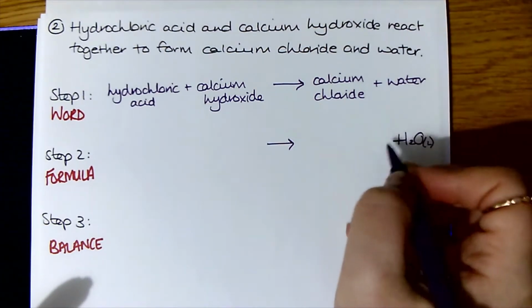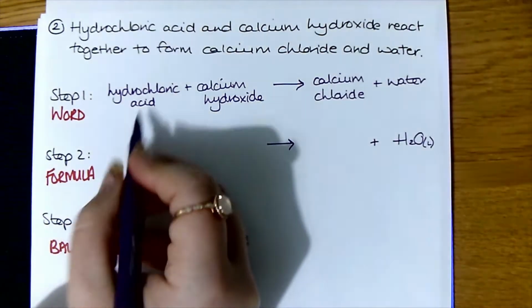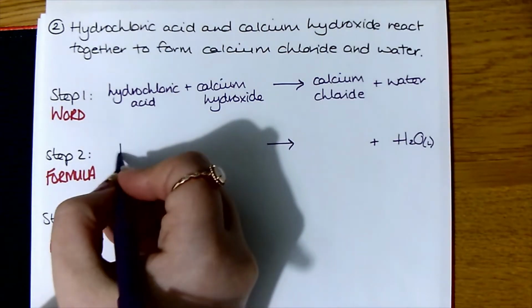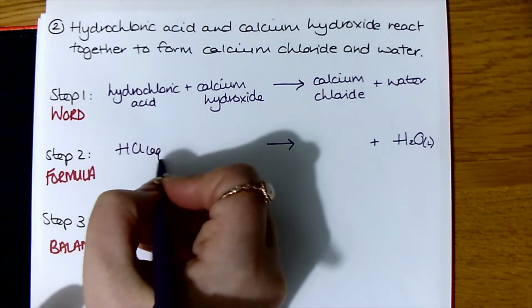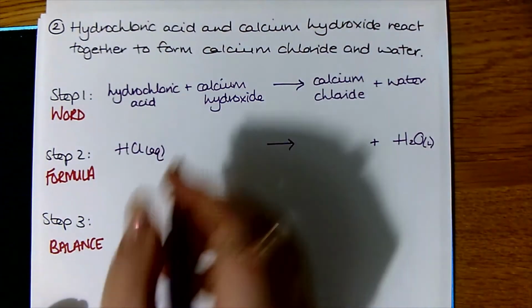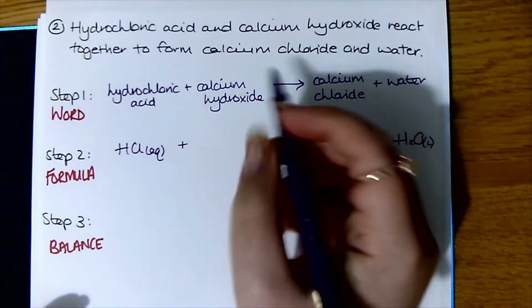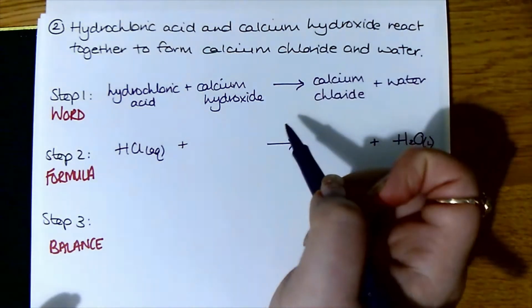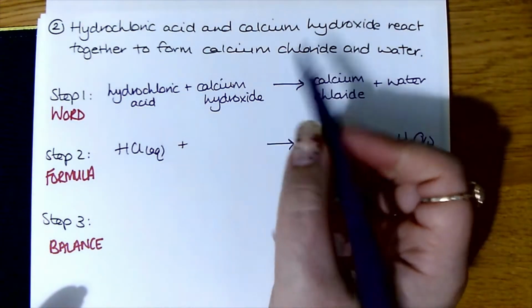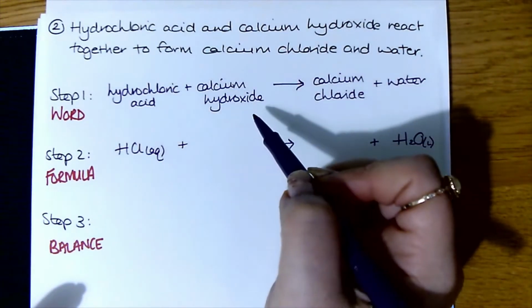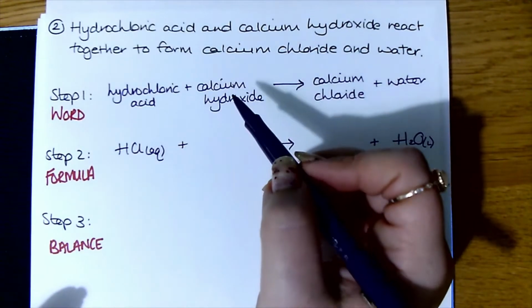We know the formula for water is H2O, and we know the formula for hydrochloric acid is HCl. However, from these words we can't actually work out the formula off the top of our heads. There's no prefixes, so what we must do is use our valency rules.